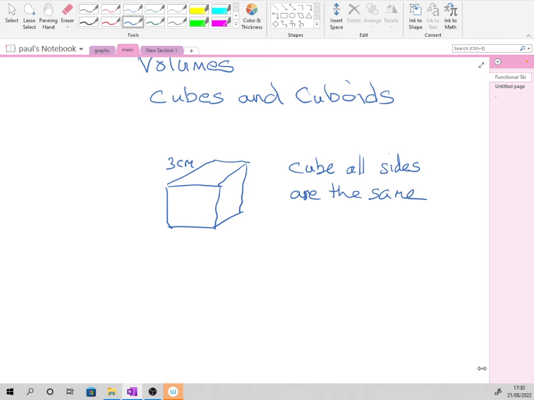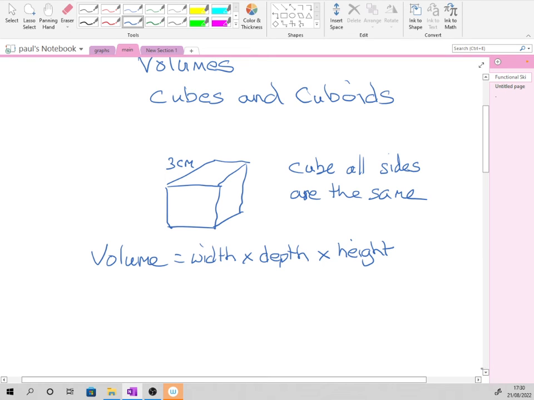To work out the volume, it is equal to the width times the depth, or could be length, I suppose, times the height. So there are 3 things to multiply together.